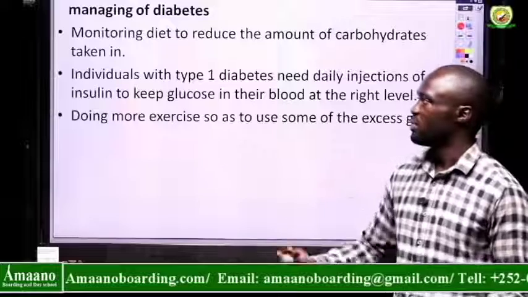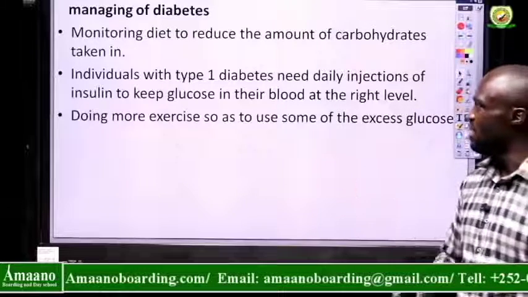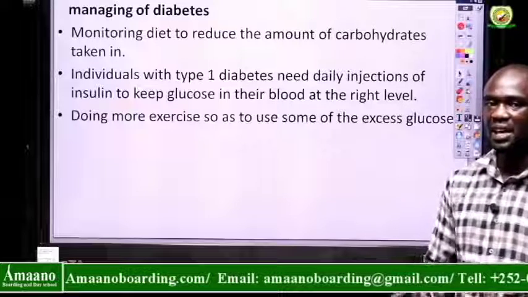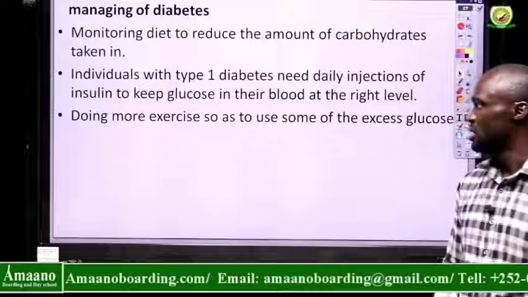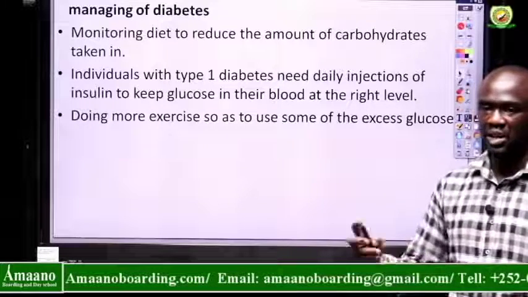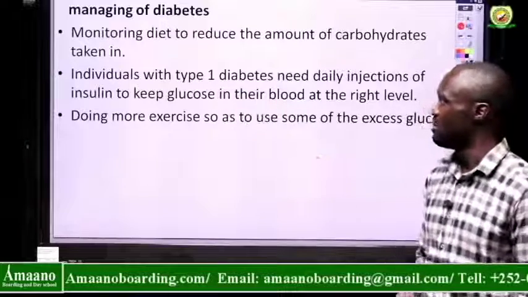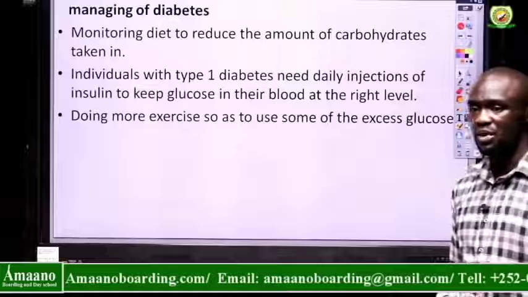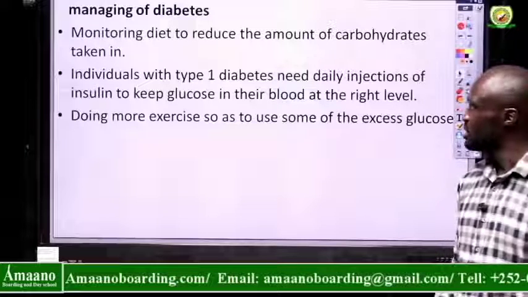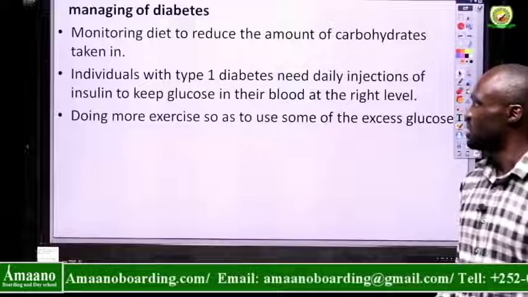Then the next one, if the individual has type 1 diabetes, that individual takes a daily injection of insulin so that it can convert that excess glucose to glycogen and store it in the liver. When I talk about type 1 diabetes, I mean that type of diabetes where your liver cells can still respond to insulin.